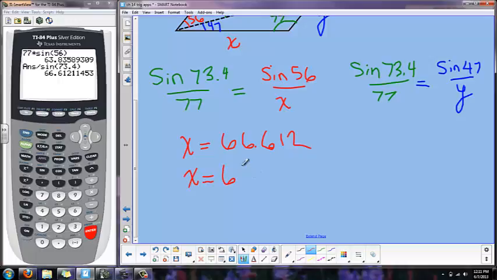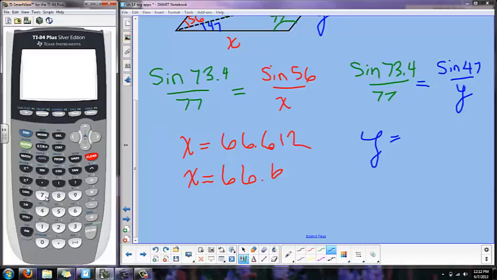And like I said, I'm pretty sure that that's the biggest one, but just to be sure, let's solve for y as well. So y is, and then I'm going to cross multiply, 77 times the sine of 47, and then divide by the sine of 73.4.